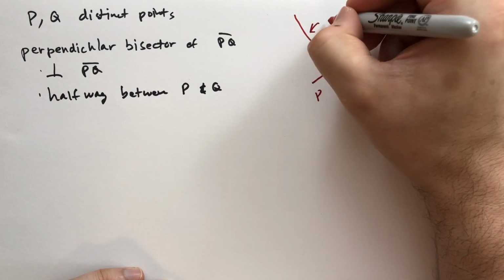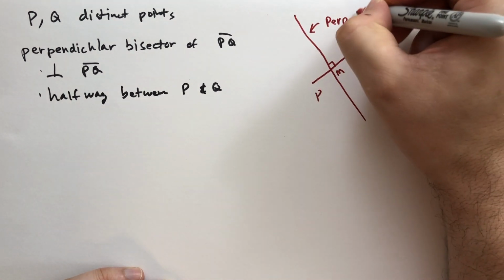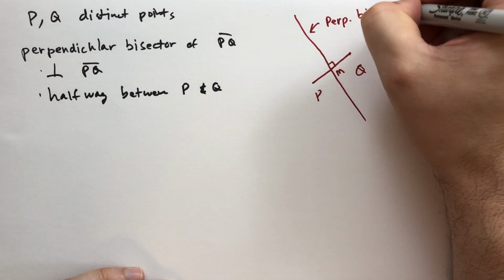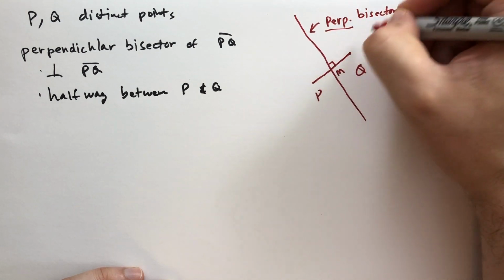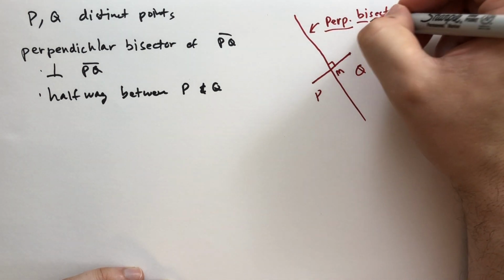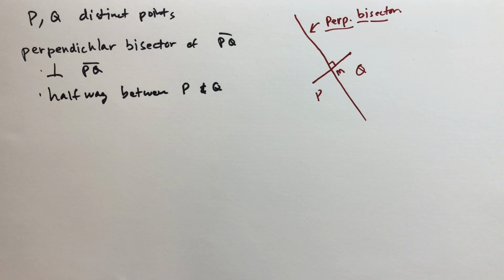This line is called the perpendicular bisector. It's perpendicular to the line, and it also bisects, cuts in two even parts.